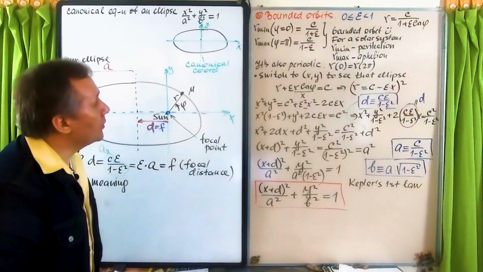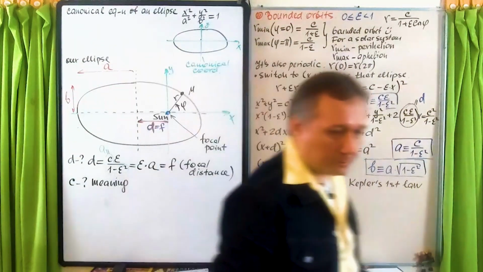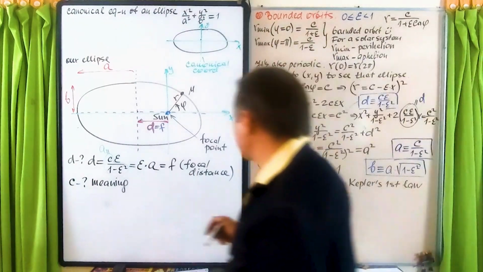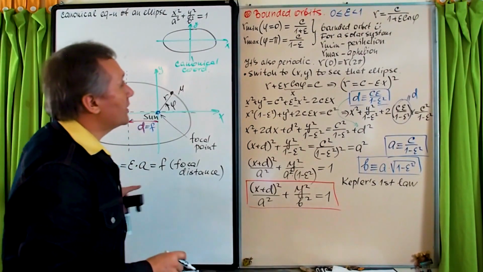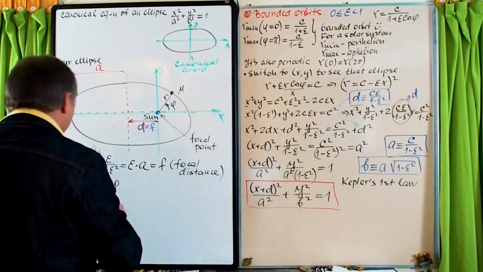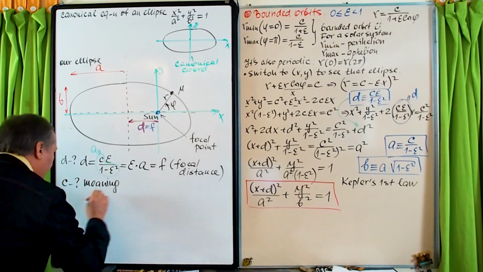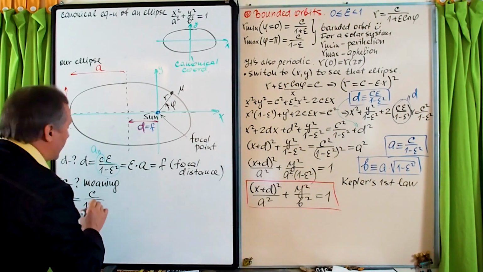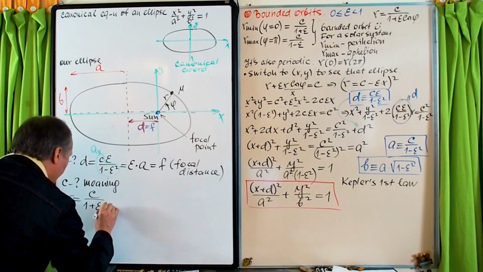So, the last stretch, guys. In order to get the meaning of c, let's use the equation of an ellipse in polar coordinates: r equals c divided by 1 plus epsilon cosine phi.